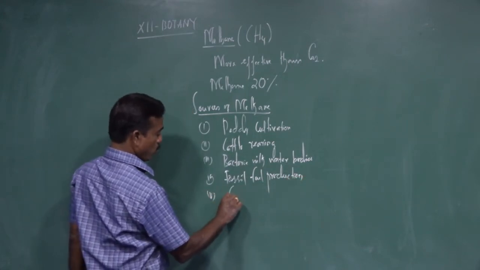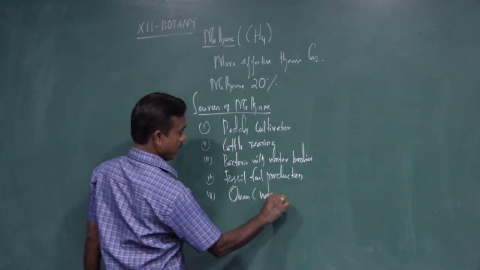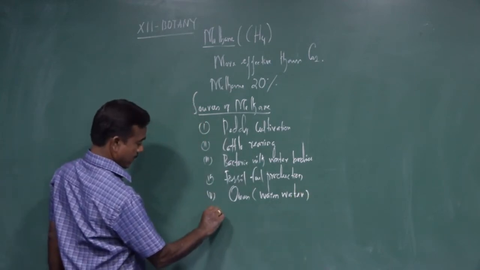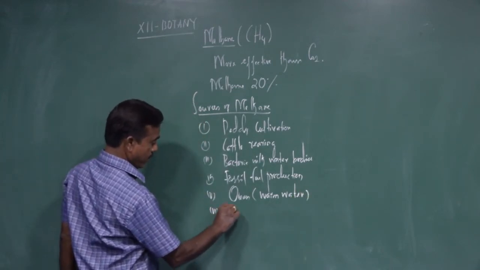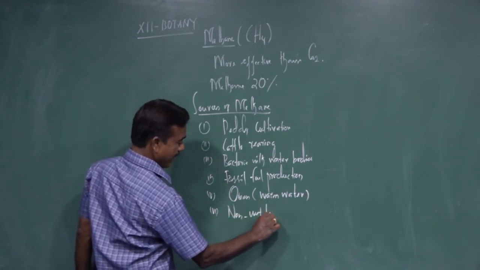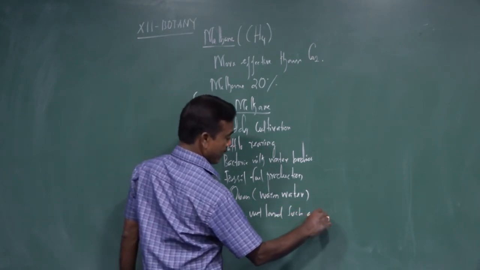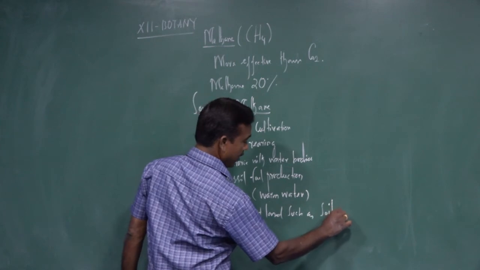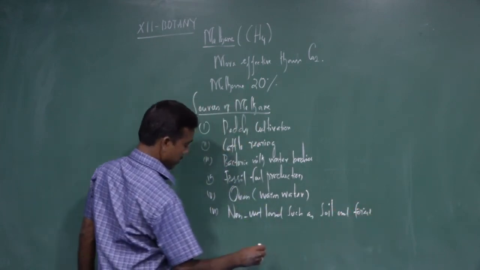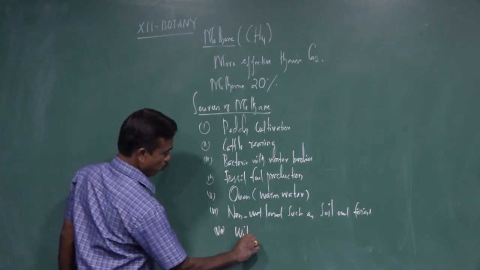Fifth one, ocean, particularly warm water. Sixth one, non-wetland such as soil and forest. Seventh one, wildfire.